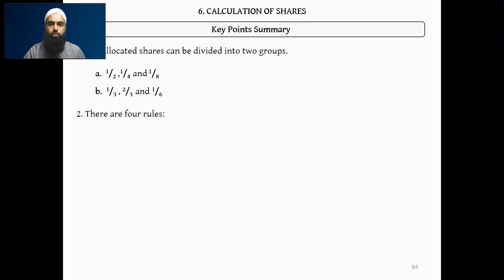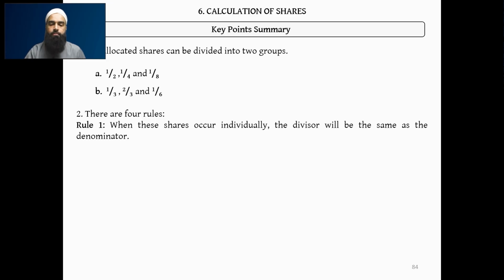There are four rules for working out the divisor. Rule number one is when the shares occur individually, the divisor will be the same as the denominator. So if only half is there, or only 2/3 is there, or only 1/8 is there, or only 1/6 is there, whatever the denominator is, the divisor will be the same.